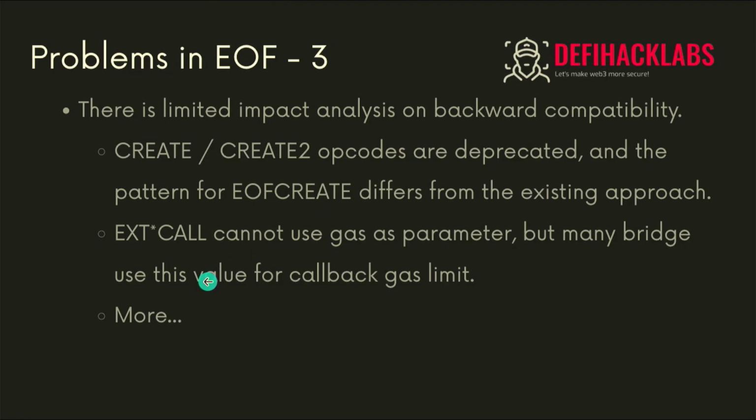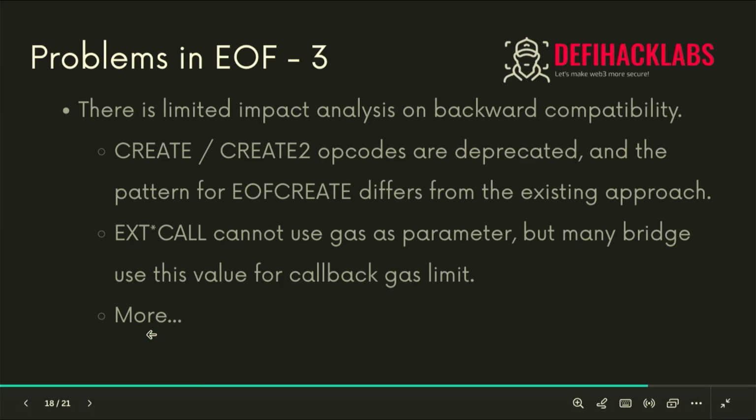And for the external call, it no longer accepts gas as a parameter. But if you are a smart contract developer and you have integrated a cross-chain bridge before, you know that there is a parameter called callback gas limit. If we cannot pass gas as a parameter to the external call, then the cross-chain bridge can no longer restrict the callback gas limit. They will need to find a workaround for that. And there are more related instances of this.